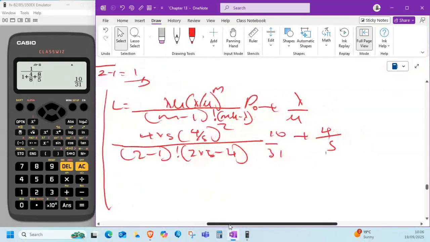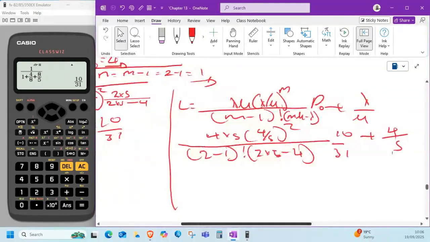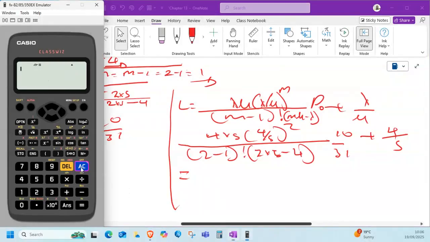I believe this can go in a calculator all at once. We have 4 times 5, open bracket, 4 divided by 5, close bracket, squared.